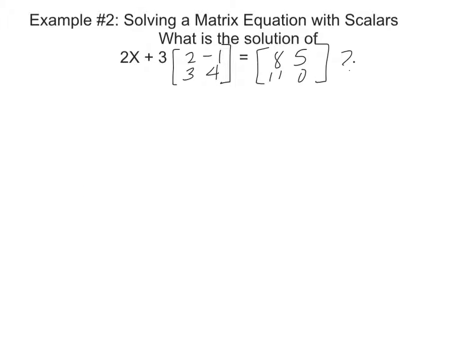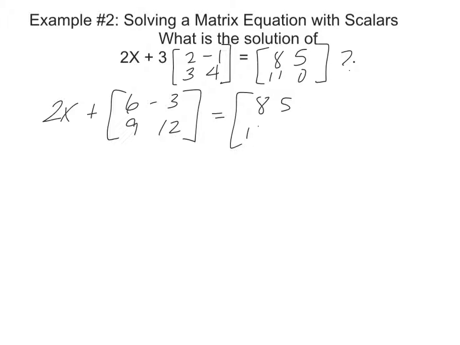Okay, so the first thing we need to do is multiply. So 2x plus 3 times everything in that matrix, which will be 6, negative 3, 9, and 12. And we have 8, 5, 11, and 0. Okay, now we need to subtract that matrix on both sides.